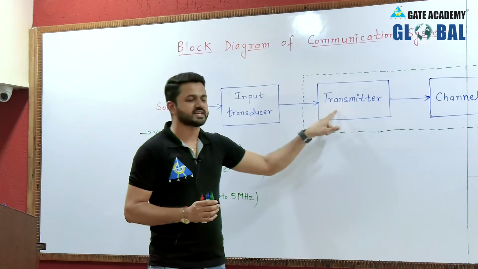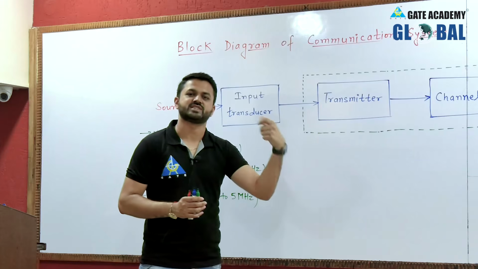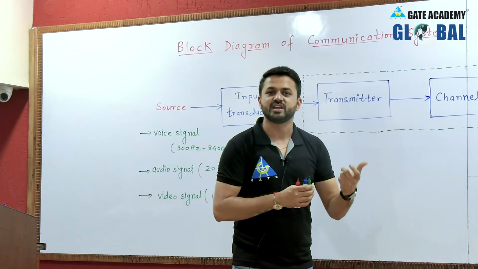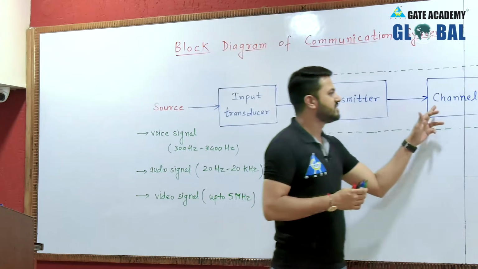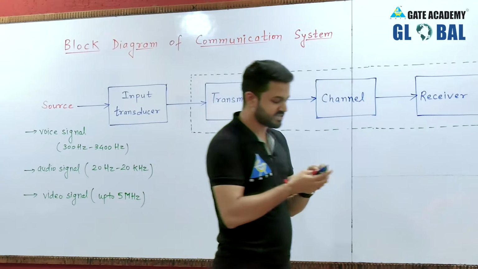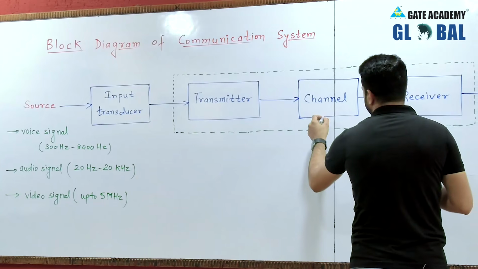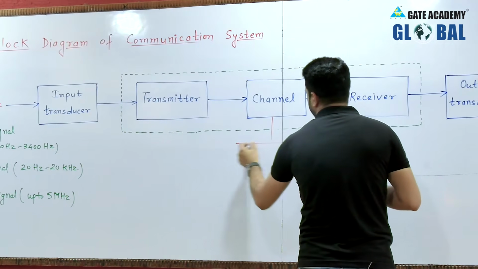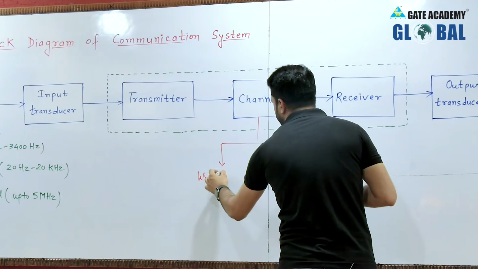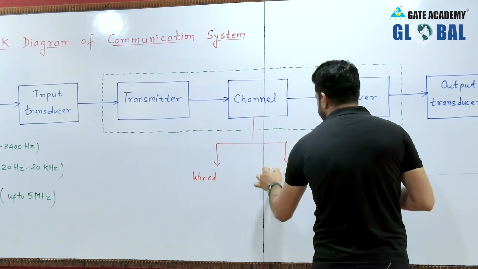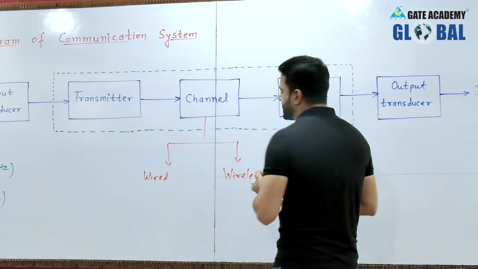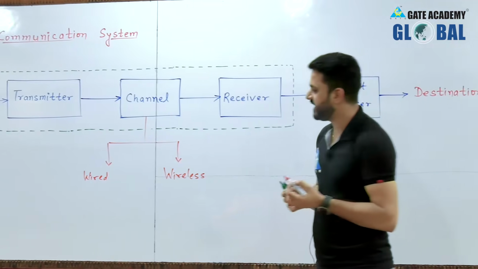This electrical signal is passed through the transmitter, which converts it into a suitable form which is passed through the channel, and this channel can be of two types, that is wired and wireless.